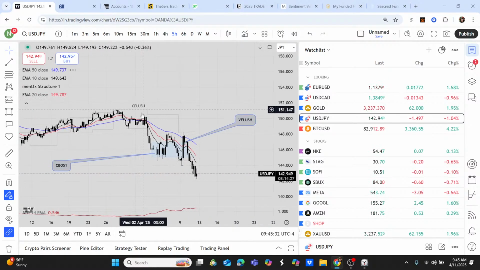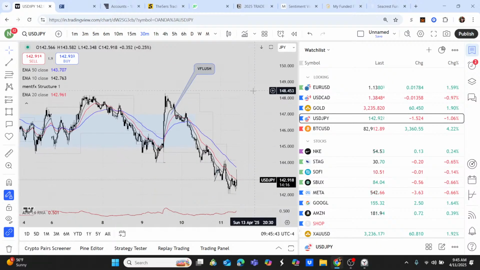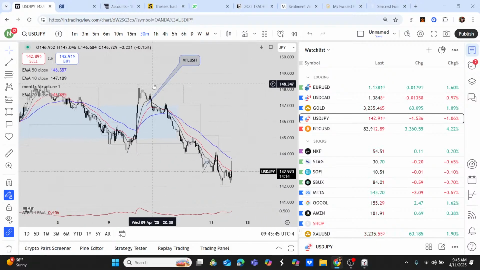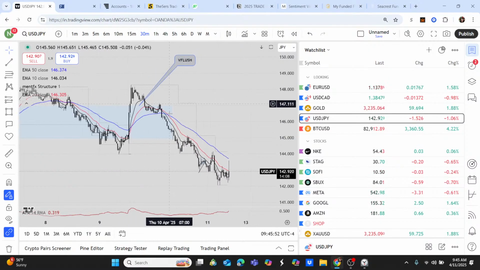Yeah, we got context. That's the price ended up playing out. So we have a flush like the first, and then third.